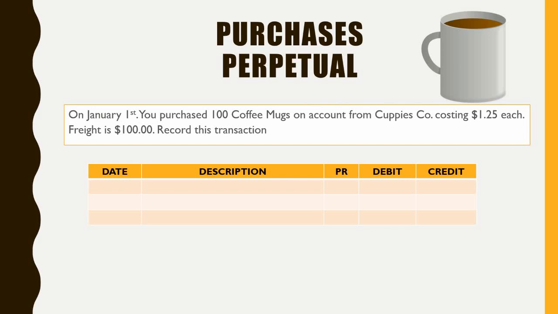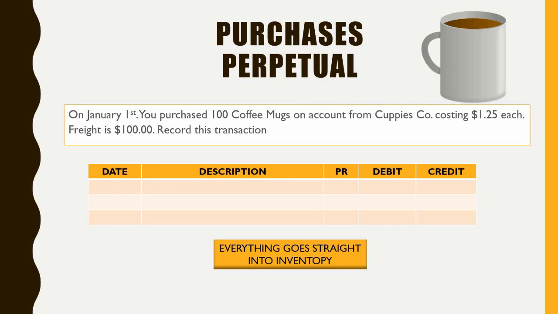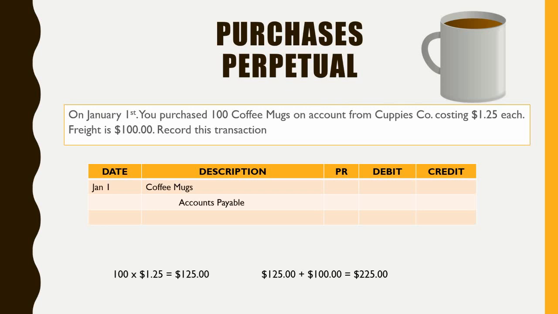That means we have our purchase price and we have our freight, so we calculate those two numbers together because everything's going to go straight to inventory. How is that going to work out? We calculate what 100 times $1.25 is. We add in the freight of $100. So now I'm looking at $225 that I am purchasing from Cuppy's Co. Okay? Everything goes straight into inventory.